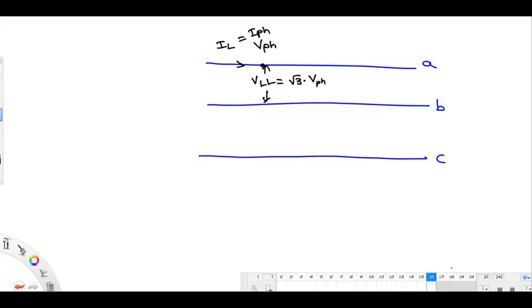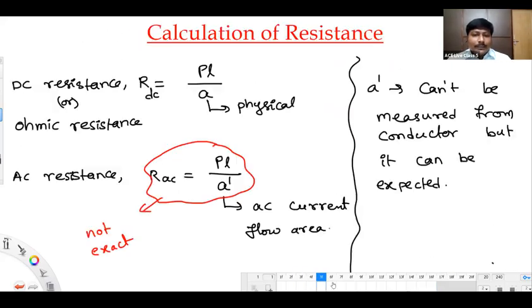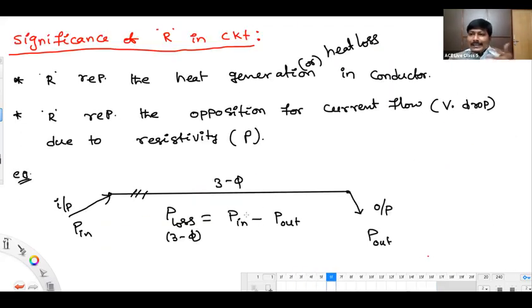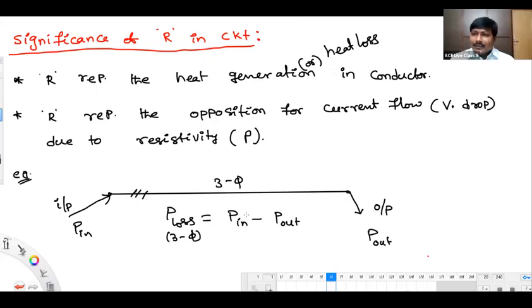Sir, do we consider the loss due to skin effect in the power loss? Yeah, that's what I said. I don't know what's happening in the transmission line in this practical exercise. We are just giving input power and taking out power. Whatever the difference we have there is a loss due to resistivity, skin effect, all the things.